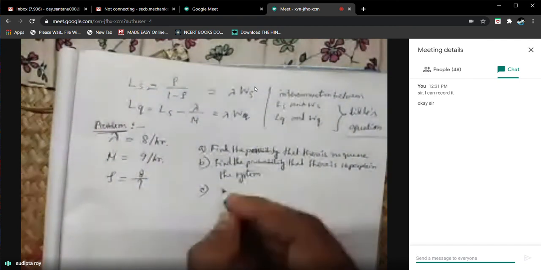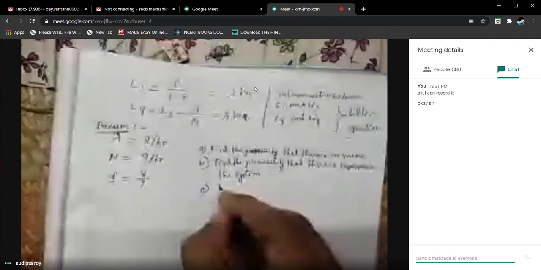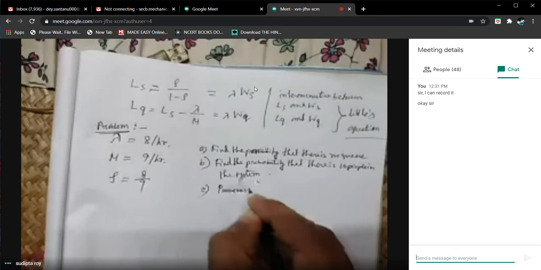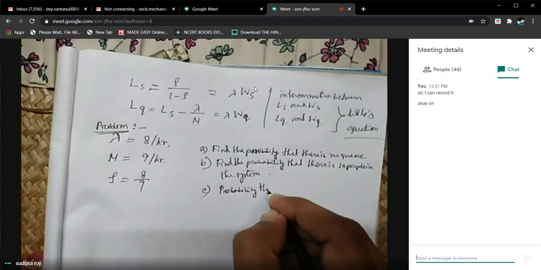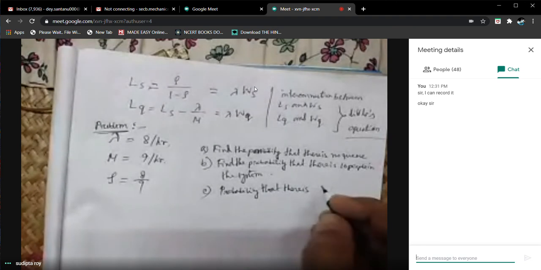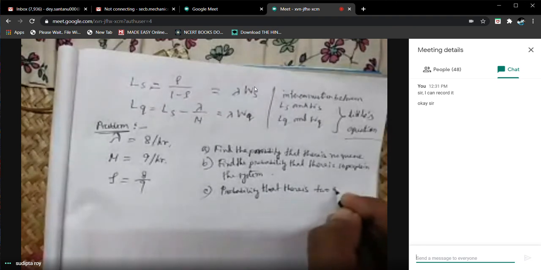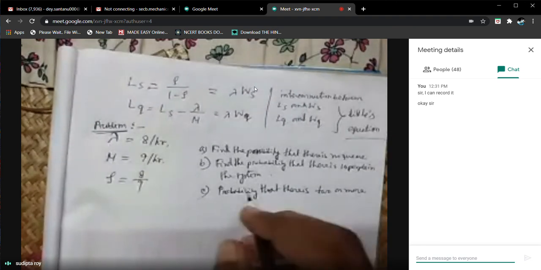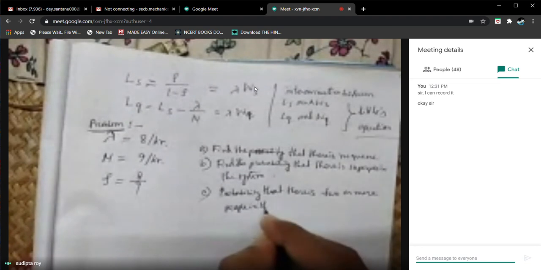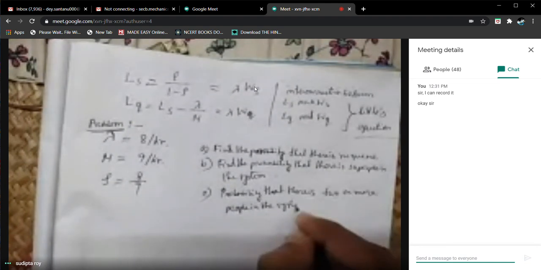Find the probability that there are 2 or more people in the system.